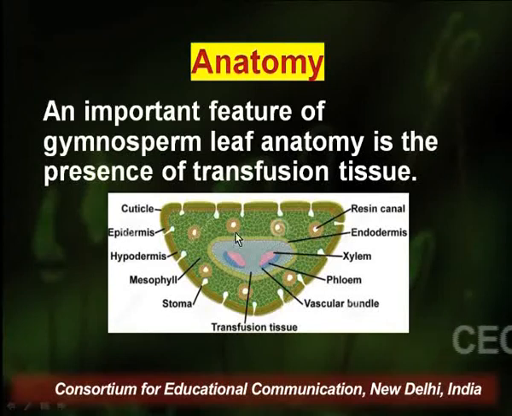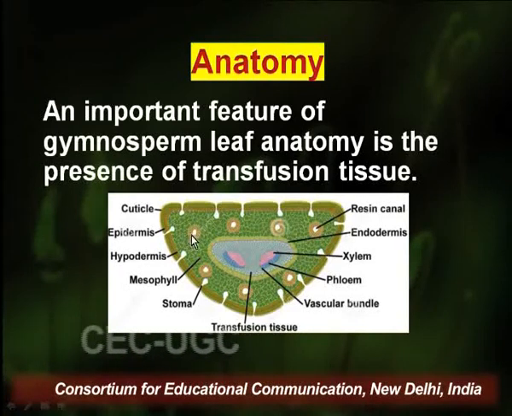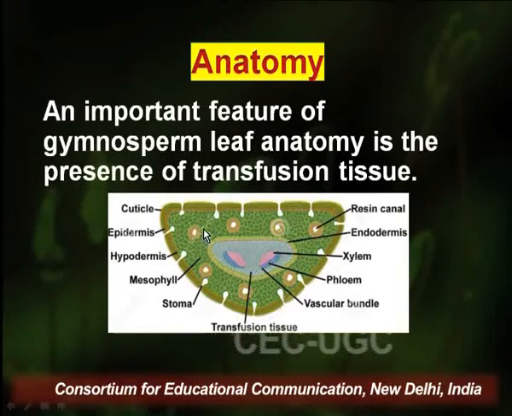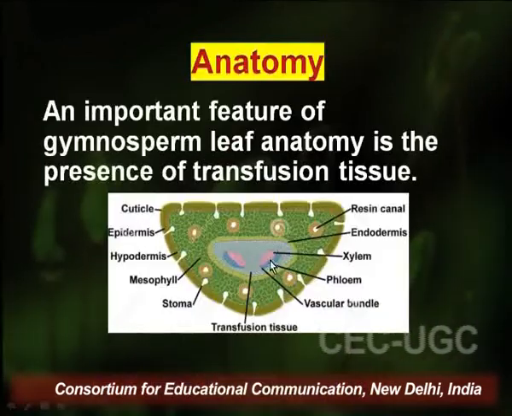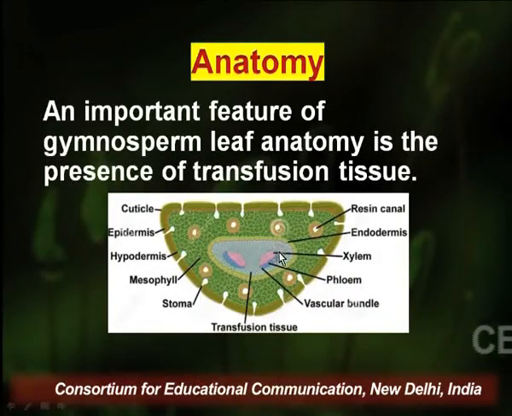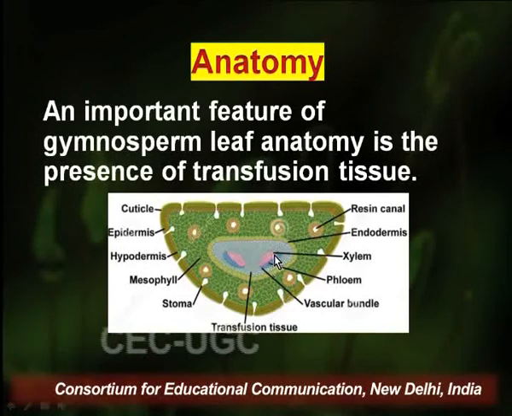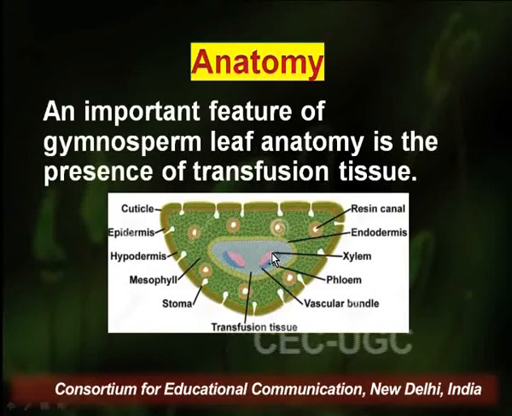Now, in these mesophyll tissues lie resin canals, which are a characteristic feature of most of the conifers. The vascular bundle contains a very unique tissue which is called transfusion tissue. As far as the vascular bundle is concerned, there are two different groups of xylem and phloem. Xylem is towards the inner side and phloem is towards the lower side.